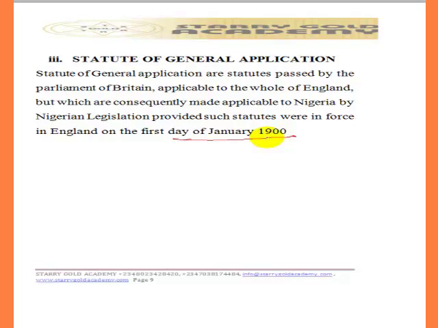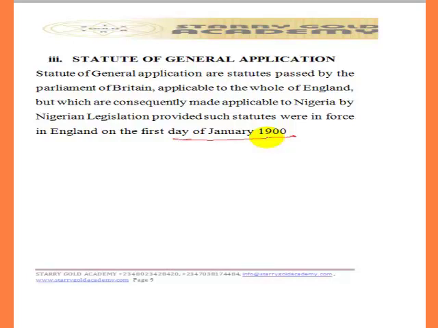Other ones passed after that were not made applicable into the Nigerian judicial system. But those passed on or before 1st day of January 1900 were made applicable. So that was the applicable date, 1st day of January 1900.